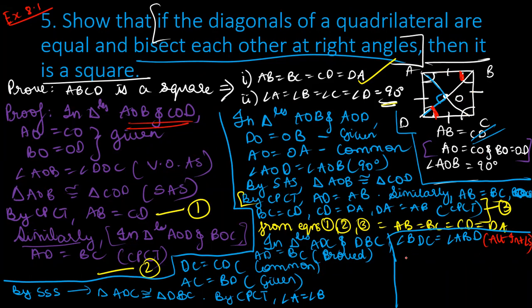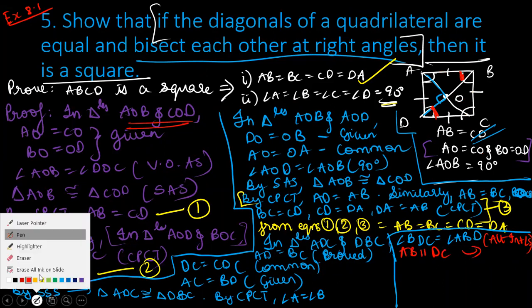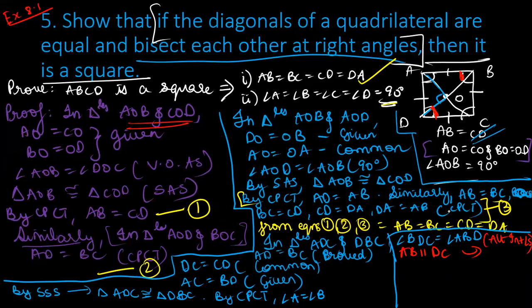So since they are alternate interior angles, can I say that AB is parallel to DC? I can say that, right? Now, since AB is parallel to DC, can I say angle A plus angle B is equal to 180 degrees, right? Because angles on the same side of the transversal.